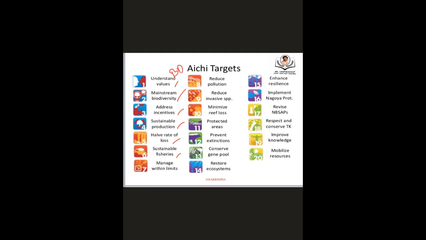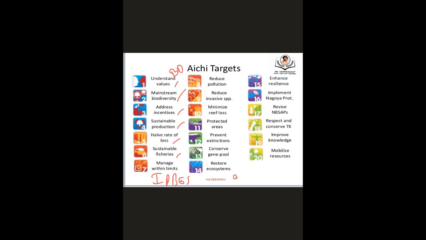Then sustainable fisheries, because there is a report called IPBES. What is this IPBES? Intergovernmental Science Policy Platform for Biodiversity and Ecosystem Services. It says that the fishes present in the world fishing grounds are being exploited and overfished.